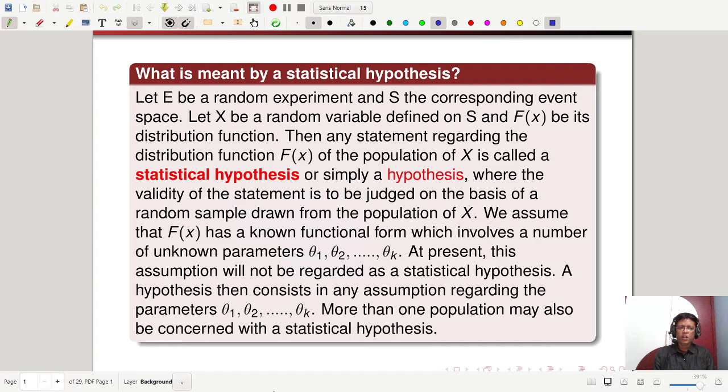Okay? So basically, what is a statistical hypothesis? If I want to brief that thing, a statistical hypothesis is in general defined to be an assumption of any sort about the distribution of the population.